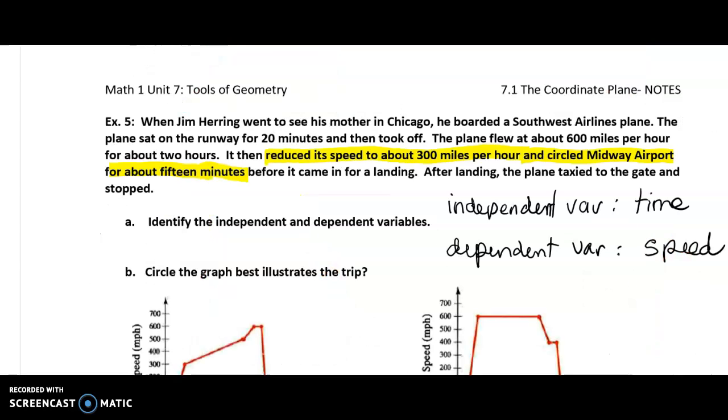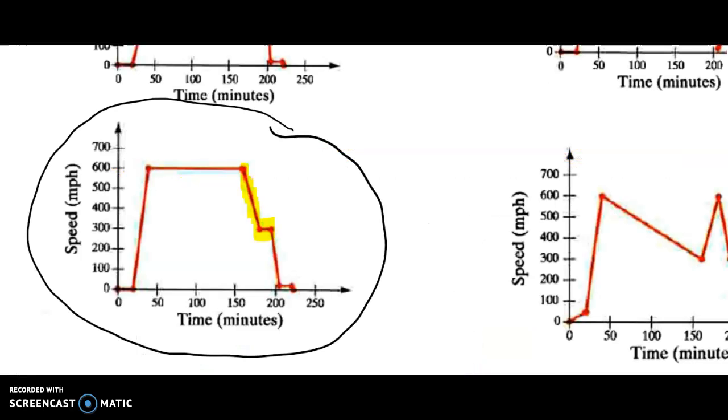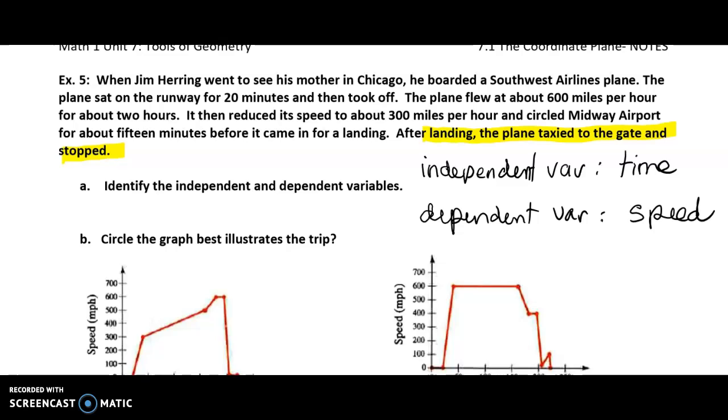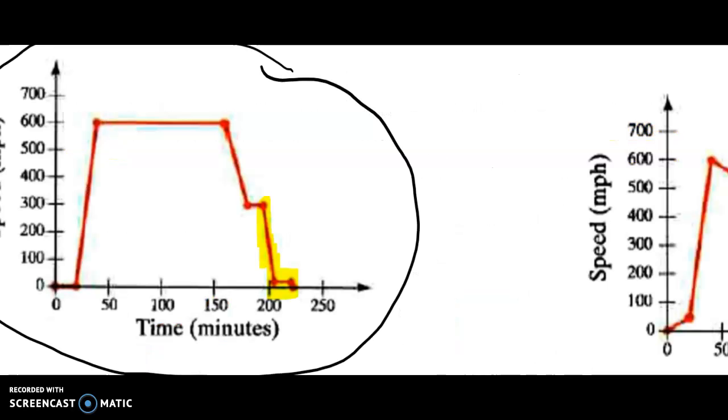Then it reduced its speed to about 300 miles per hour and circled Midway Airport for about 15 minutes. Here we see the reducing of the speed from 600 down to 300 and just hanging around Midway Airport for about 15 minutes. And then after landing, the plane taxied to the gate and stopped. That would be represented by this section of the graph.